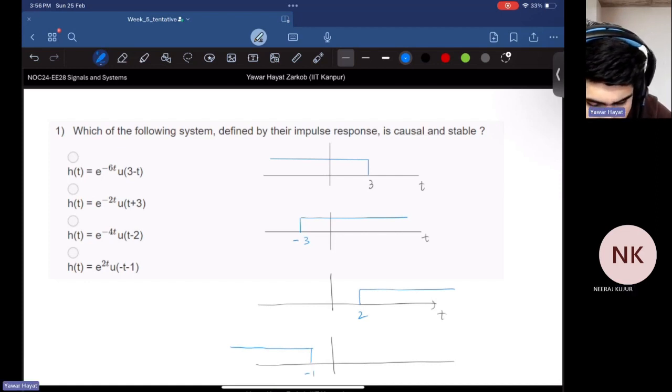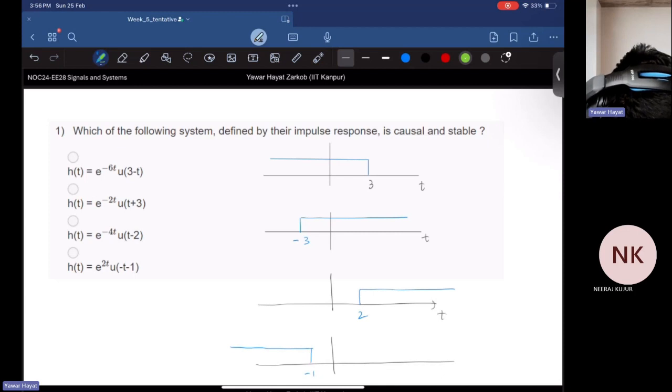So which one should be causal? We'll come to the stability part later. First, which one should be causal? Again, for all these, we have this e to the power minus 60, right? E to the power minus 60 would be 1 at t equals 0. It would be something like this.